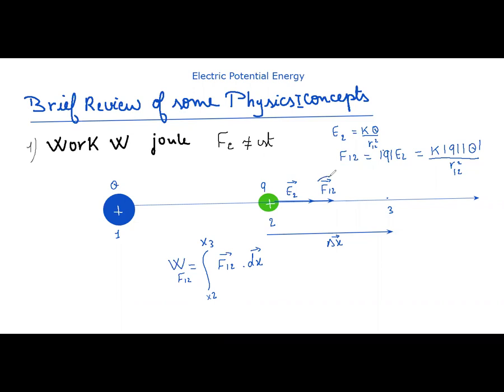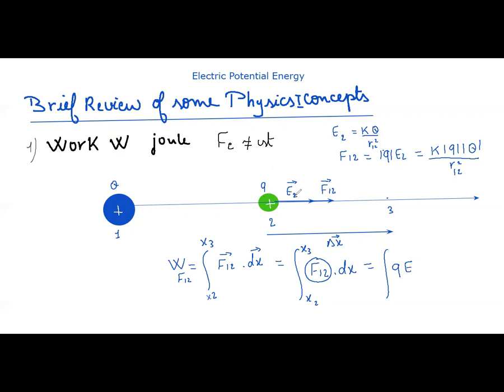You know the angle between F12 and dx equals 0. So here it equals the integral from x2 to x3 of F12 times dx. We can substitute the value of F12 by small q times E. Also, E is not constant.